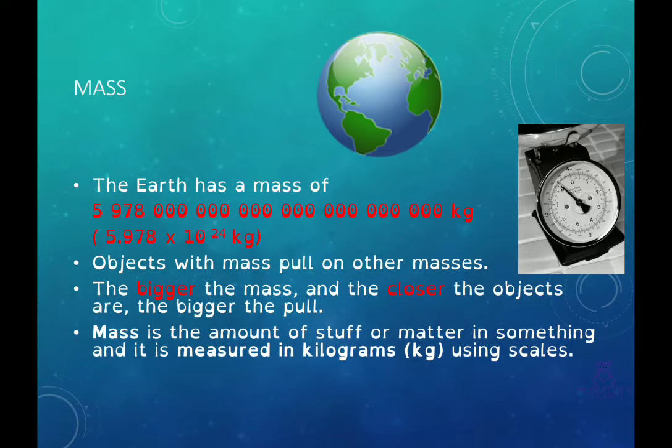We don't have a mass anywhere near that, and therefore we're not as attractive as the Earth is. Okay, but objects with mass pull on other masses, and the bigger the mass, the more the pull. So Earth has a much bigger pull than Pluto or Mercury, because these are much smaller planets. Okay, and so what's important for us is the mass on Earth causes this gravitational field strength.